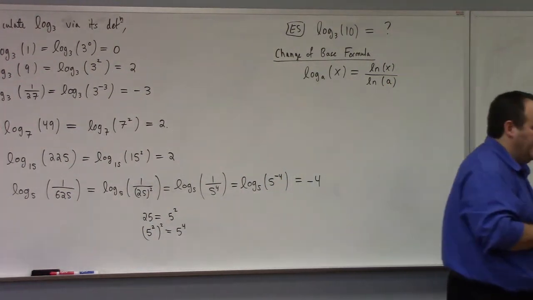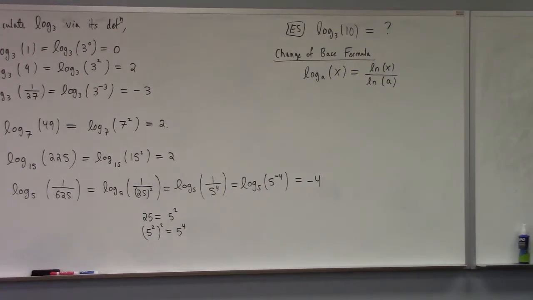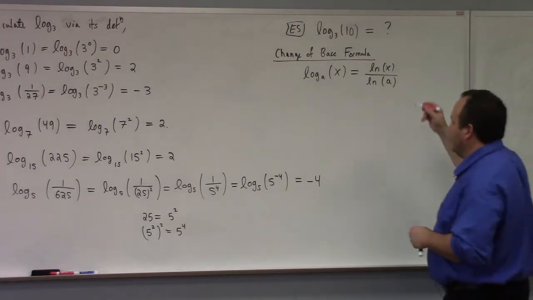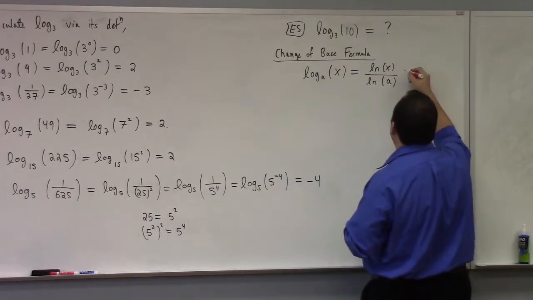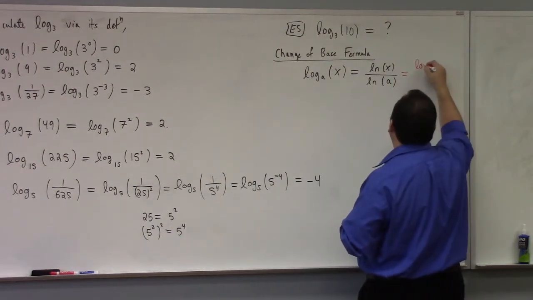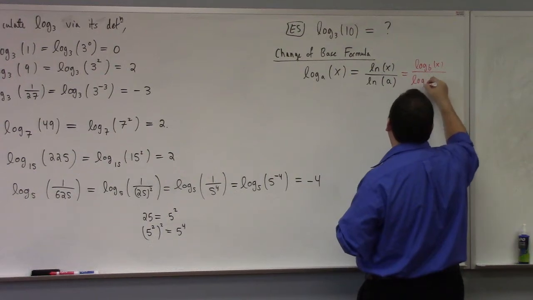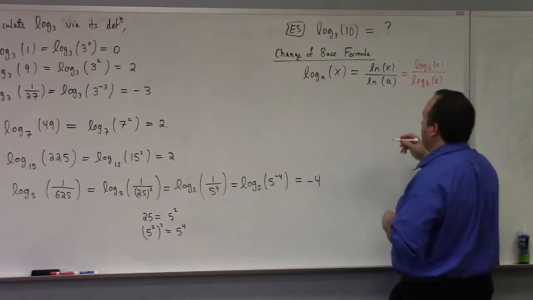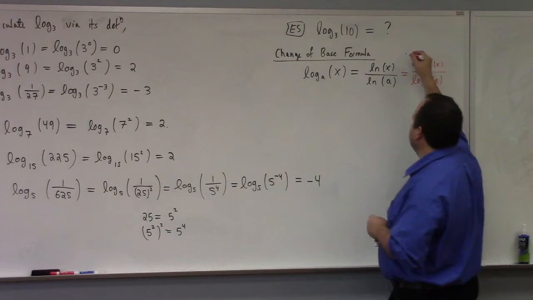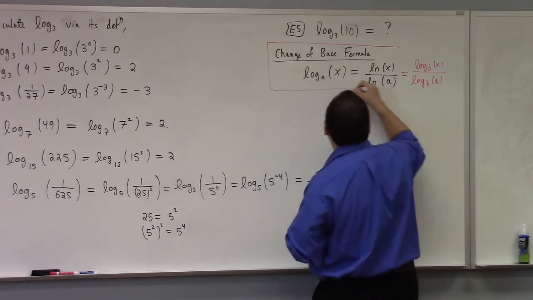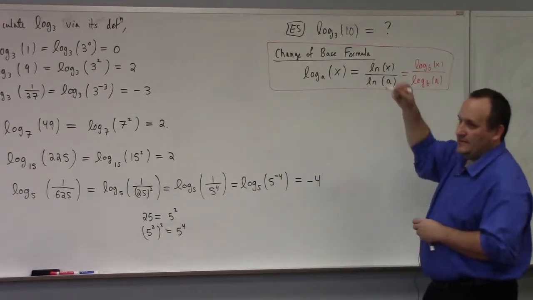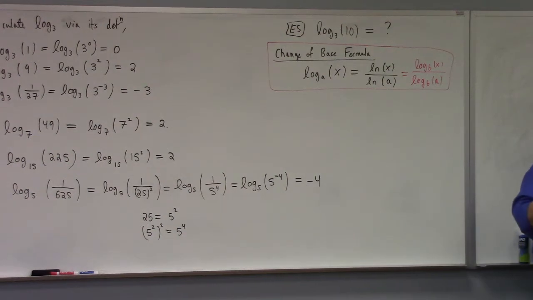Now, the change of base formula is often stated not in terms of natural log, but in terms of another base. It is generally true that this is also log base b of x over log base b of a. That's true, but this change of base formula will allow us to calculate log base 3 of 10 using most calculators.